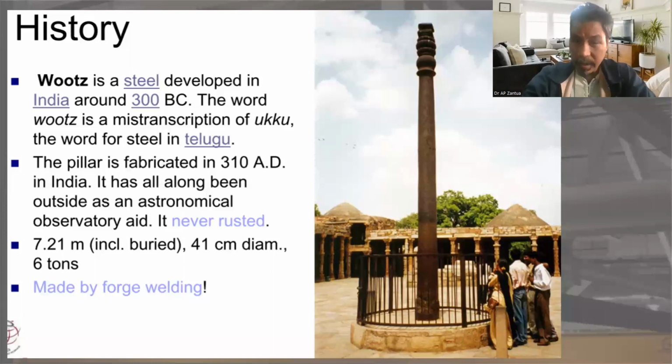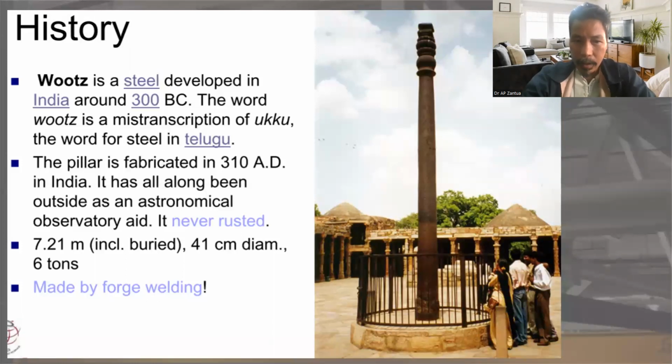So 300 BC, 300 years before Christ. The word wootz is a mistranscription of ukku, the word for steel in Telugu. Telugu is a regional language, a dialect within the India Peninsula. The pillar is fabricated in 310 AD, in India.